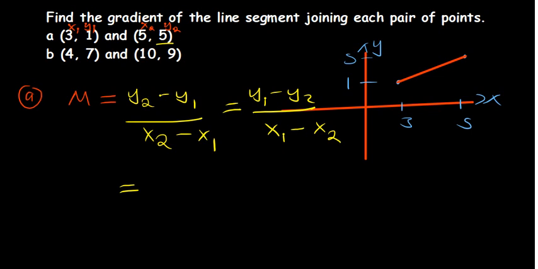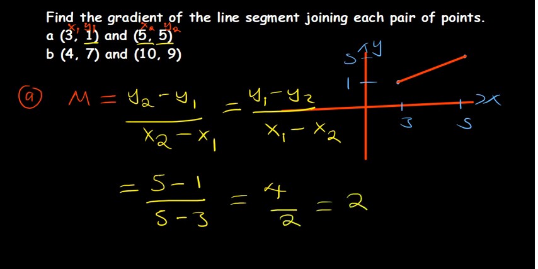For y2 we have a 5, y1 we've got a 1, and for x2 we've got a 5 and then a 3. That gives us 4 over 2, which is a 2. So this tells us the sloping is upwards from left to right.